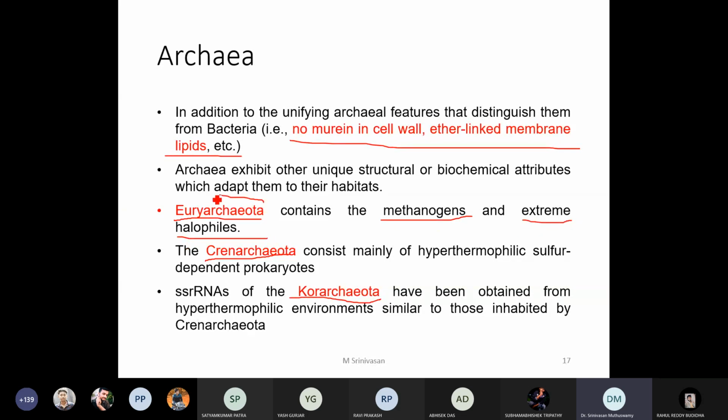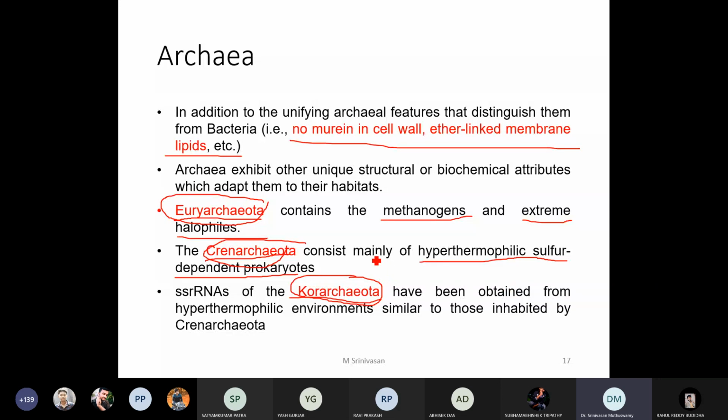But you don't need to remember these names. Euryarchaeota, Crenarchaeota, and these three names are not required. But I would require you to remember methanogens, extreme halophiles, and hyperthermophilic sulfur-dependent prokaryotes. These three terms are very important. So these three you have to remember.